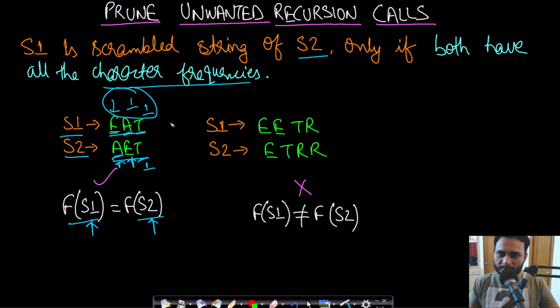Just think about it. In the second example, S1 has two E's, but S2 has just one E, right? So this can never become a scramble string. You can try any order, but it will never become a scramble string. So a very important observation here is that the frequency of the characters should be equal.